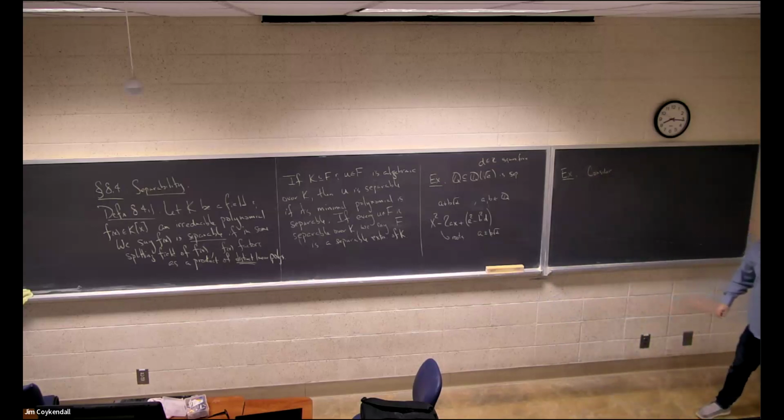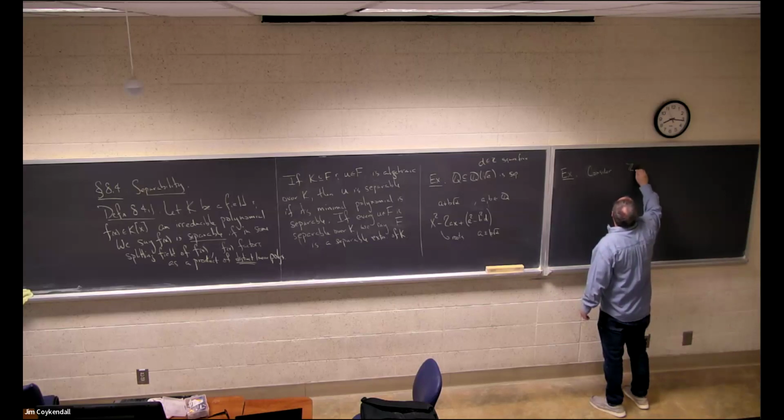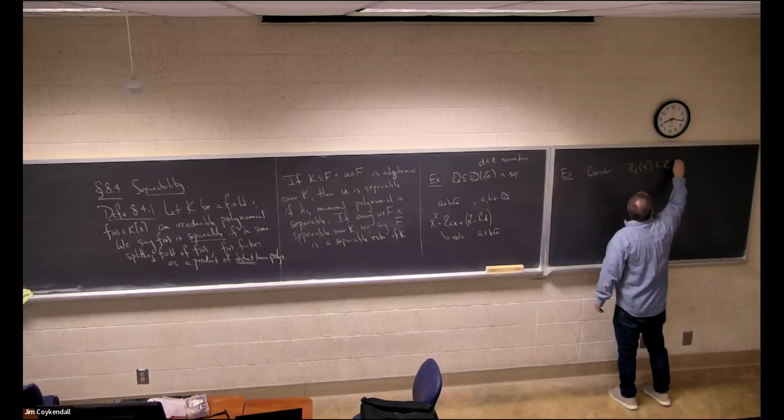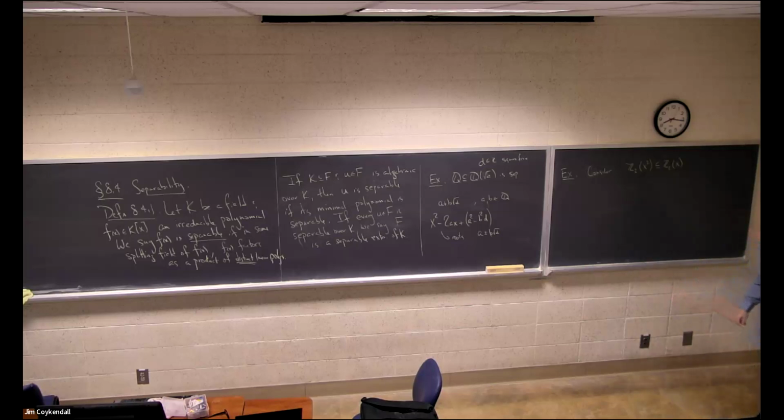You've got to have characteristic probably p. Look at rational functions in the variable x over Z2, and the subfield of rational functions in just x squared.